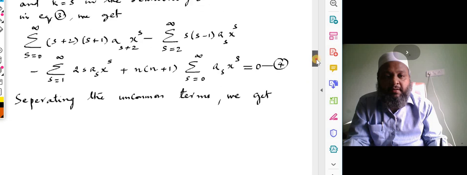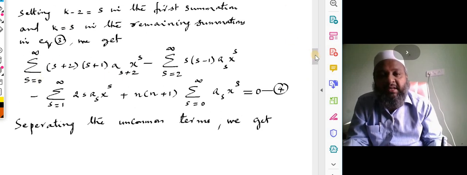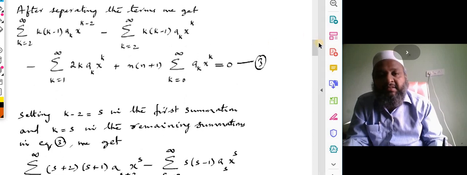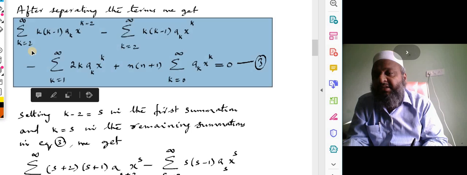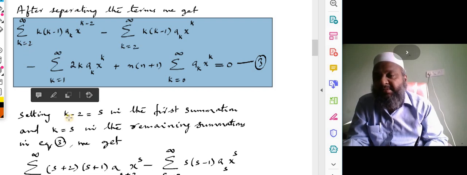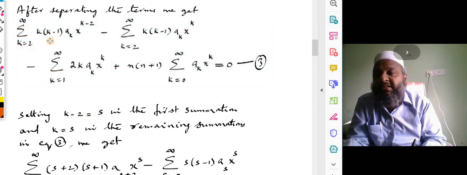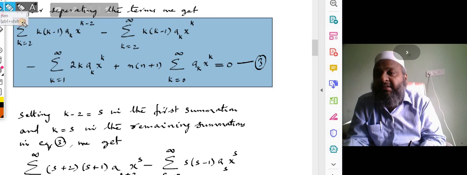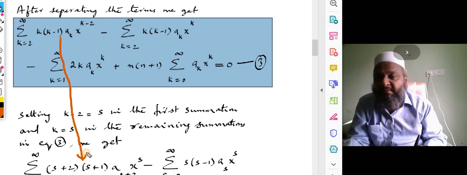If you substitute k, this 2 coming to this side, k minus 2 is going to become s. So k minus 2 equal to s. When you substitute k equal to 2, 2 minus 2 is 0, so s becomes 0. Therefore this particular summation is going to become this one.